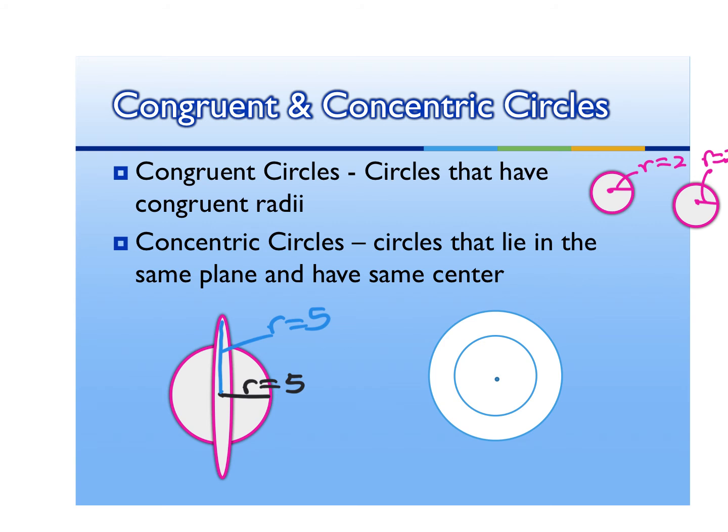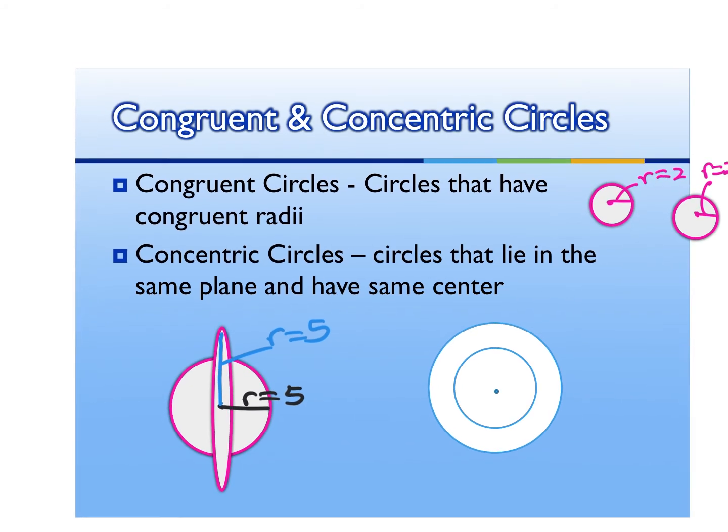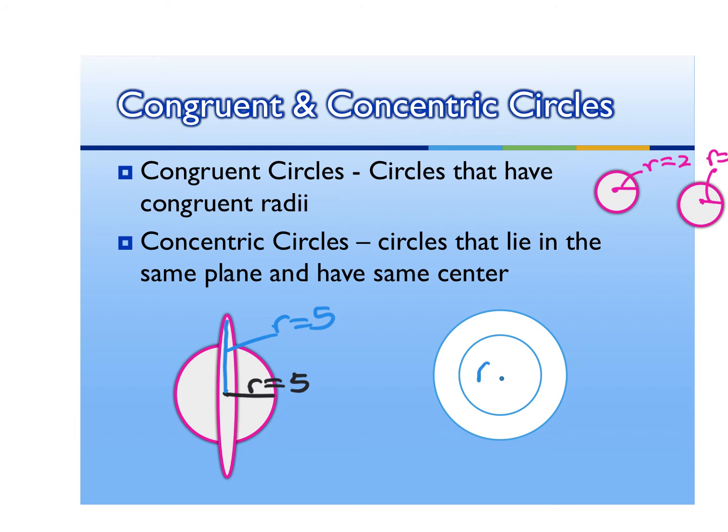When you have concentric circles, it's like a bullseye. They're circles that lie in the same plane and have the same center. So we already have a circle in a circle, and again, they're going to share the same center. Let me just draw it around here. So it's like a bullseye.